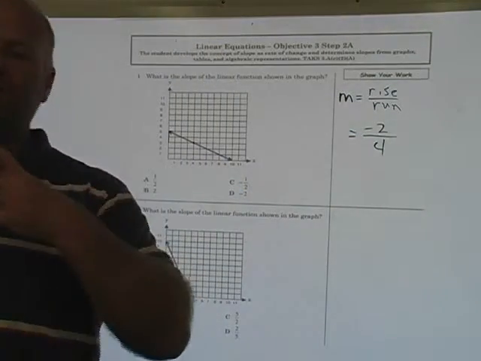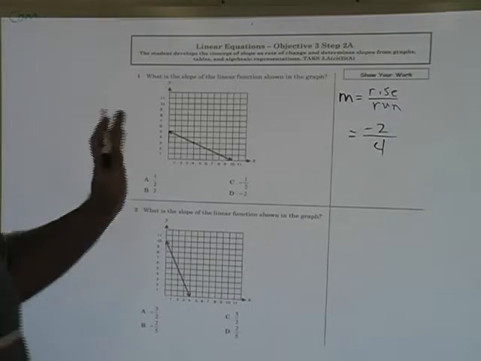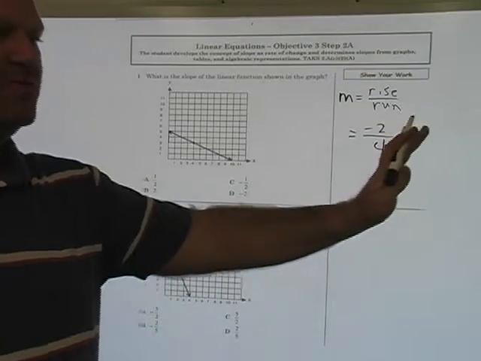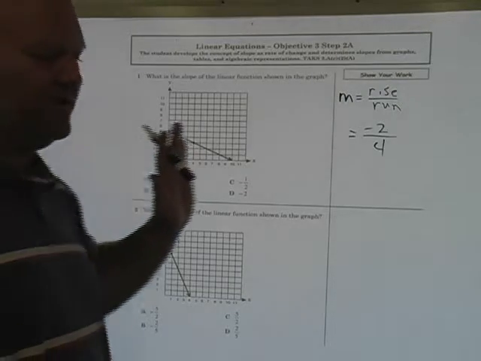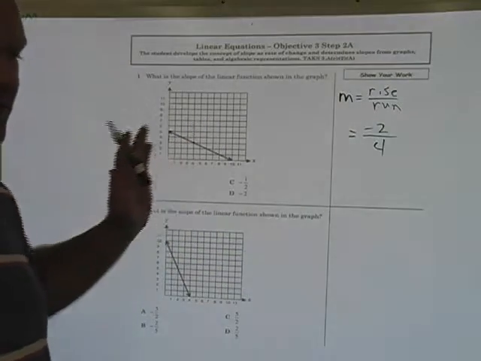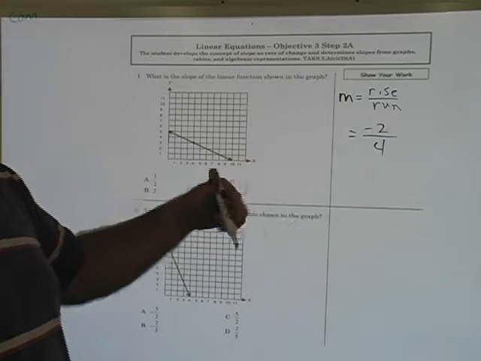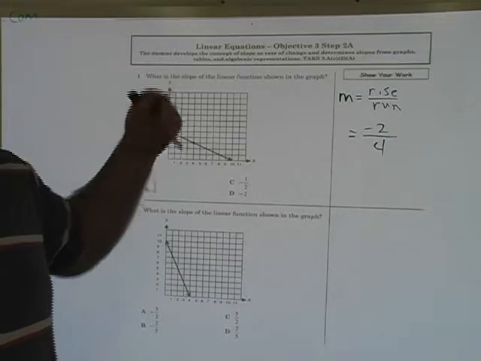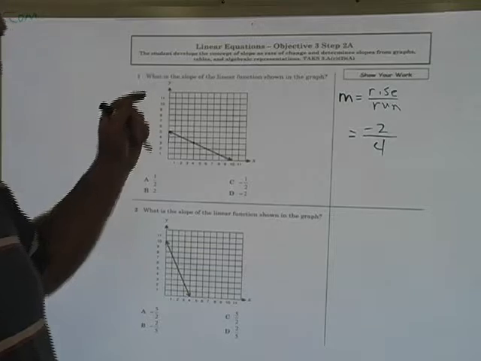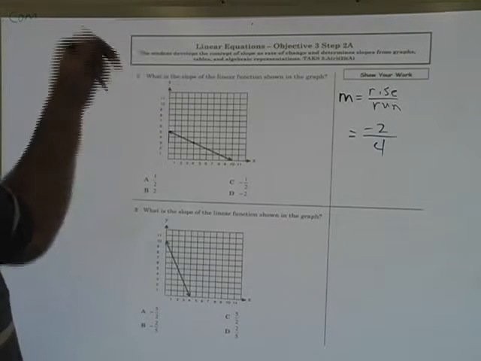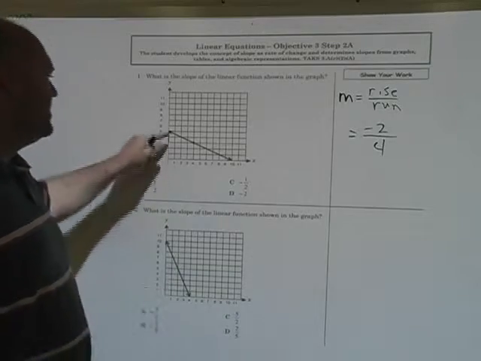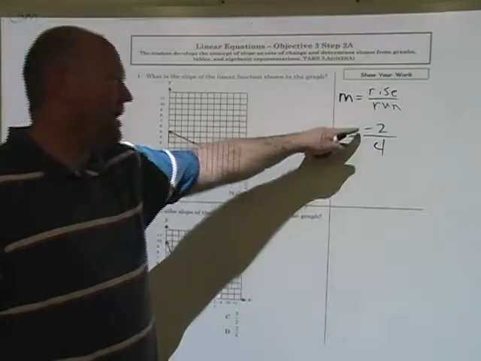And the run will always be positive. If you're going left to right, that's a positive run. Okay? As a rule, we're always going to be going left to right. So the run is always going to be positive. The rise will be either positive or negative, depending on whether it's going up or down. Up is positive, down is negative. Okay? This one was going down, so it's negative.